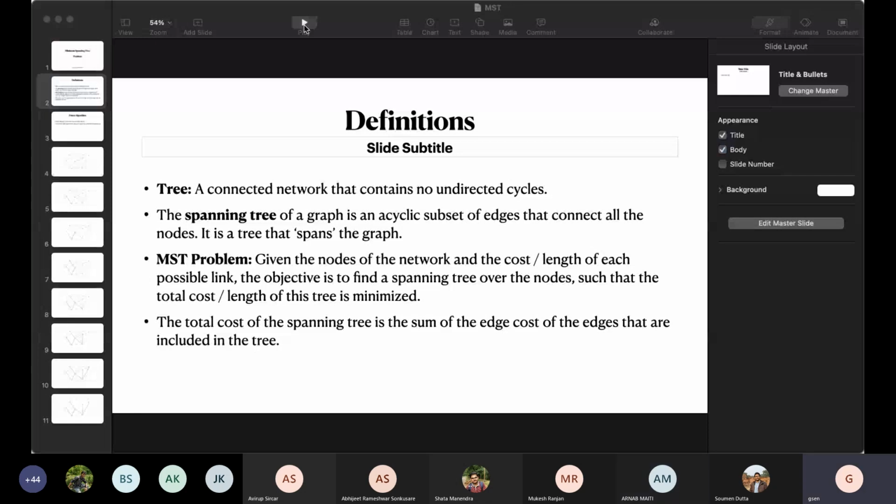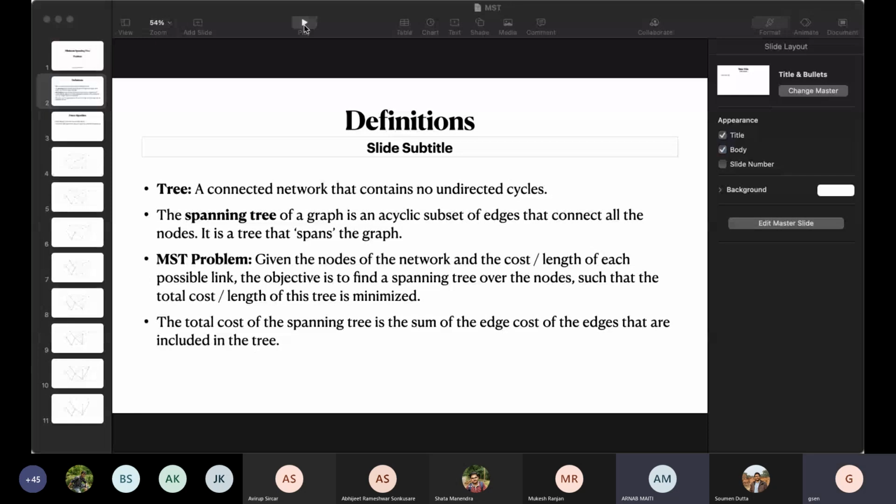Did you change your slide? Is the diagram visible? No, at least to me, it's not visible. For me, the slide is still the definition one.